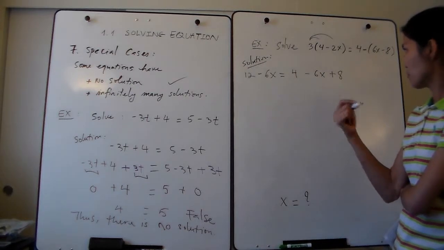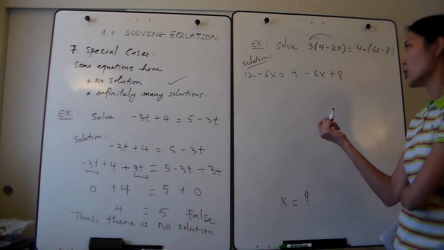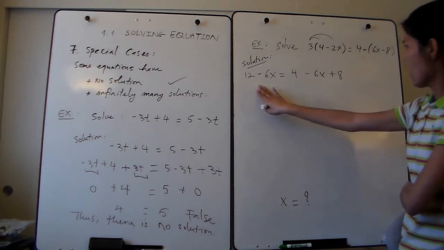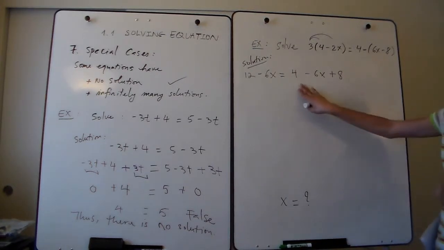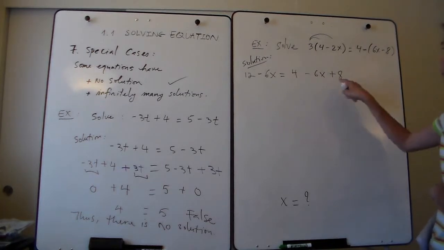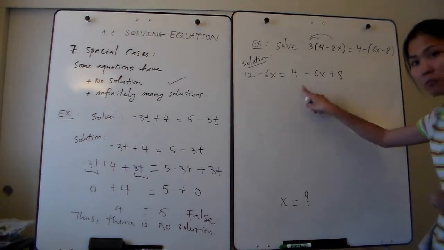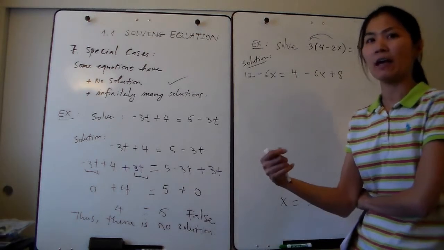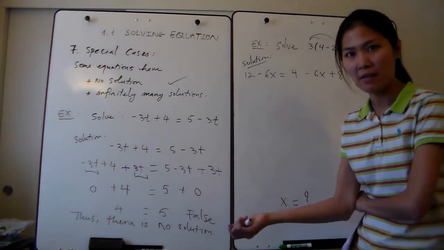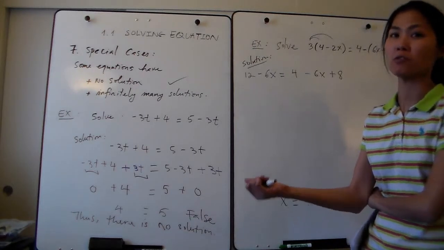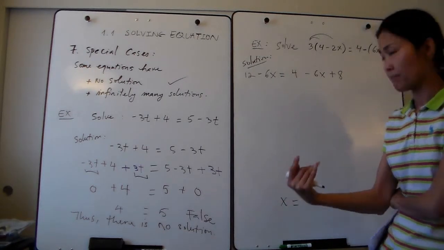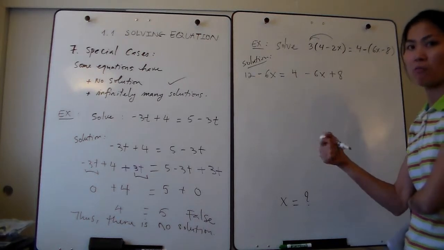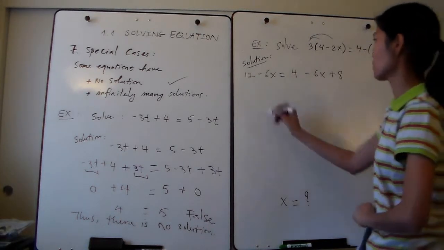Our next thing to do is to see what we can simplify. Let's simplify first, because you can see that on the right hand side, you can combine 4 and 8 together. They are like terms. When you simplify, it makes the problem cleaner and you're less likely to make a mistake. So I strongly recommend you simplify the equation as much as possible before you do anything else.